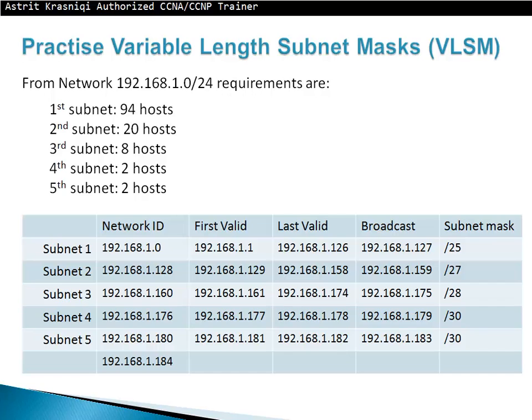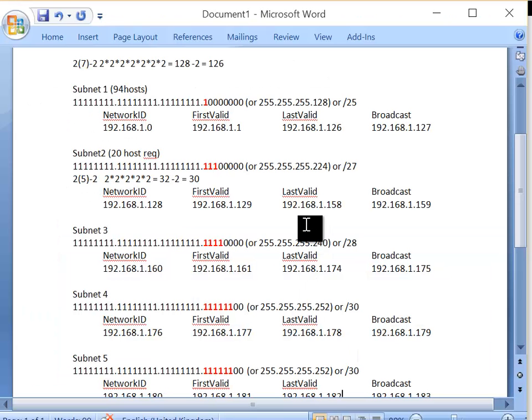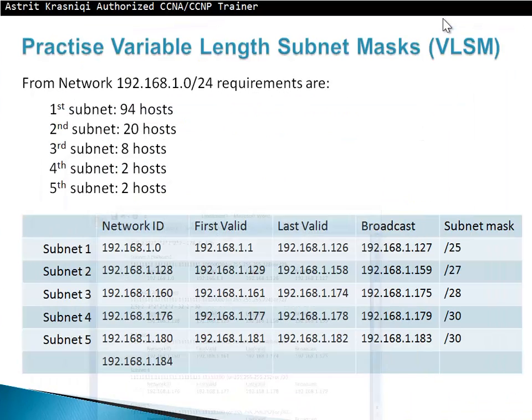Looking at just the network: 0, 128, 160, 176, 180. Yes, that's correct, 100%. So you can see the variable length subnet mask, and we did it bit by bit. I know this video is going to get very long, but hey, it's not easy to learn subnetting.